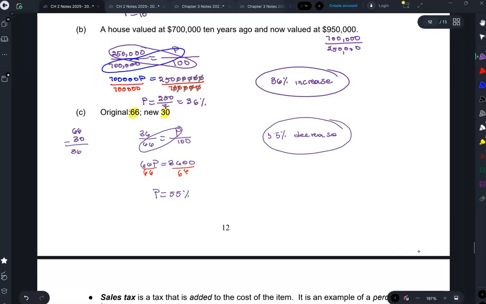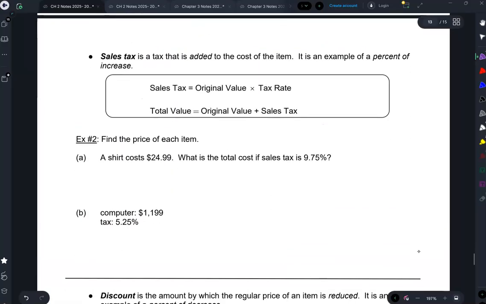Okay? All right. Next, let's talk about sales tax. A sales tax is a tax that's added to the cost of an item, right? So for example, if you order something at Starbucks and it's $5.65, you never just pay $5.65, right?